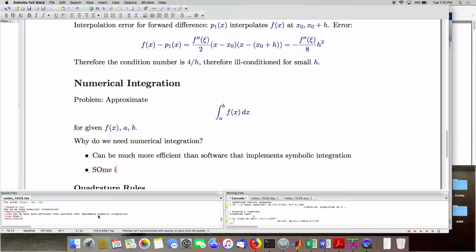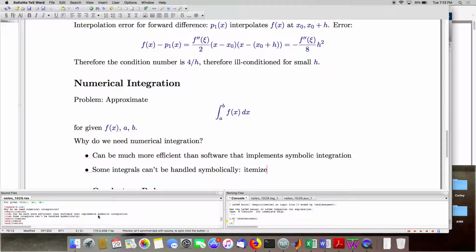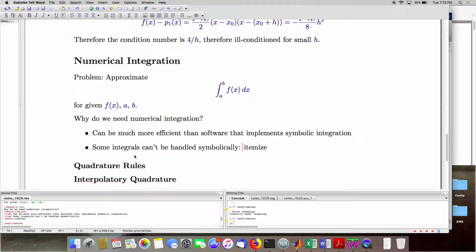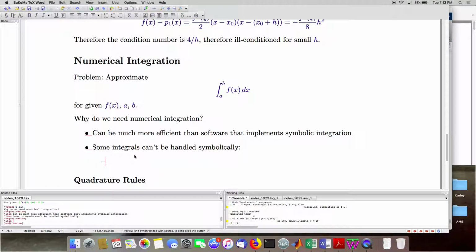Now, some integrals can't be handled symbolically. So here's a couple of importance. Arc length of a curve, something you learned about in Cal 3.